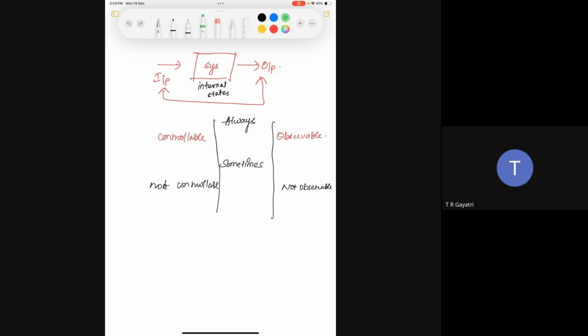If I take the left side as an if, which one of these will be the proper answer? If a system is controllable, will it be always observable or sometimes observable? Or will it be always not observable?